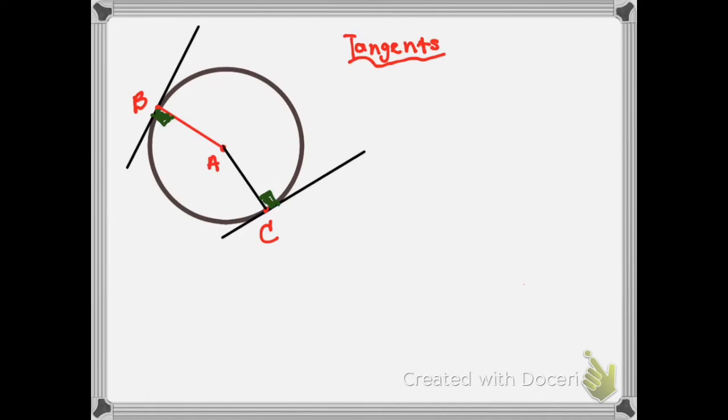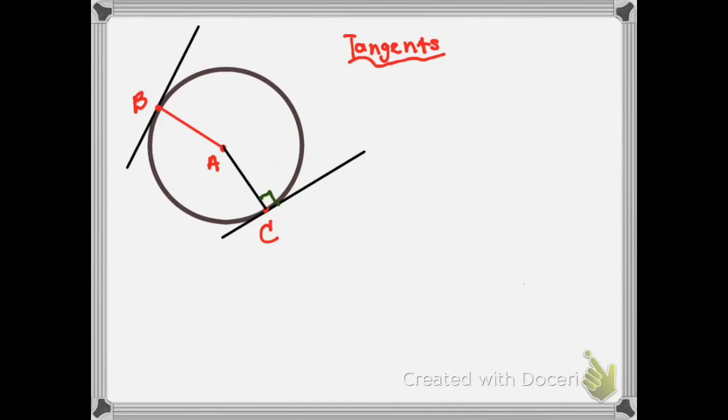And that's always going to be the case, okay? A tangent and a radius, right? Because AC is a radius, a tangent and a radius always intersect perpendicularly. This means that we have a 90-degree angle there and we have a 90-degree angle there.